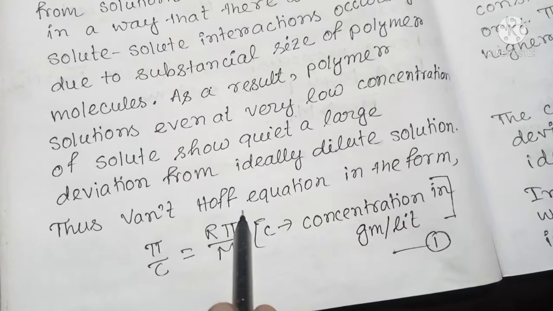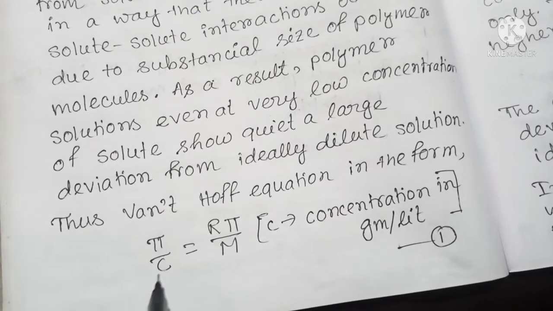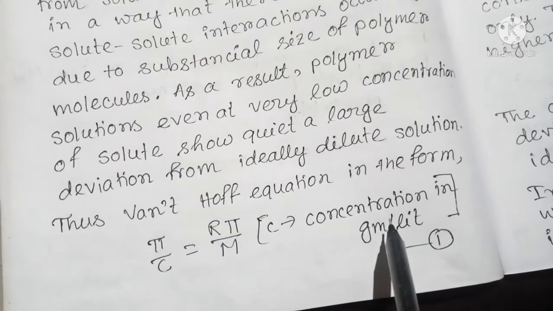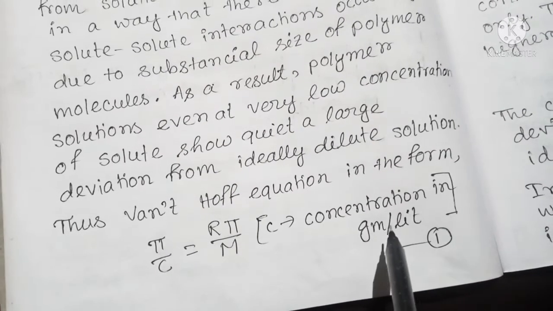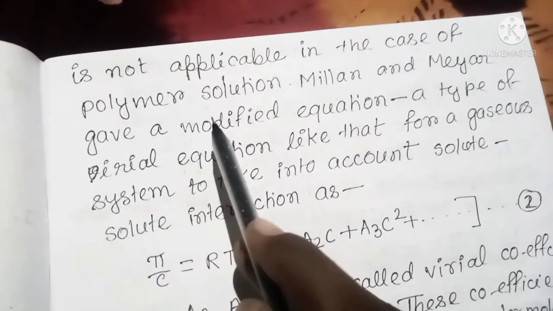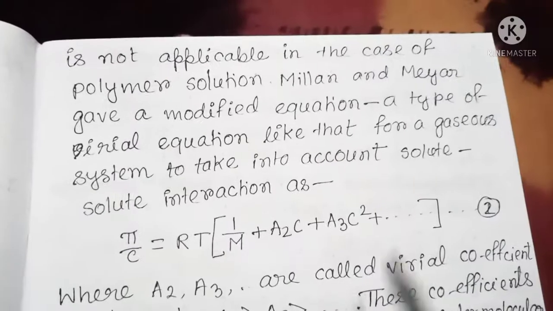Thus, the Van 't Hoff equation in the form pi by C equal to RT by M, where C is the concentration in gram per liter, is not applicable in the case of polymer solution.